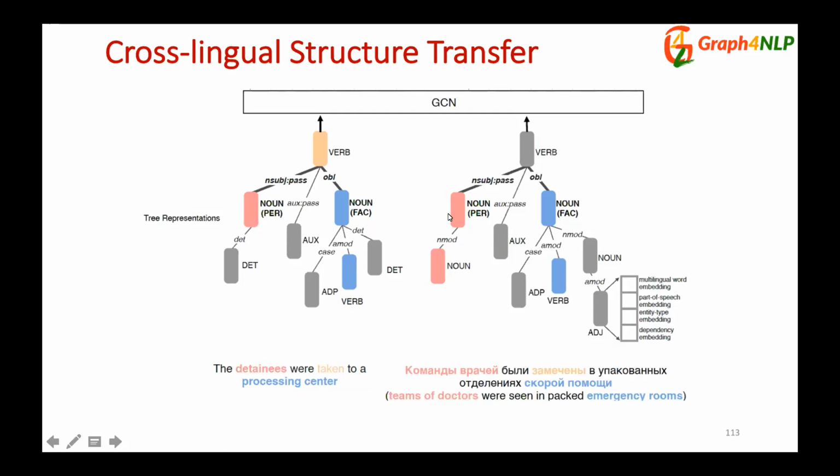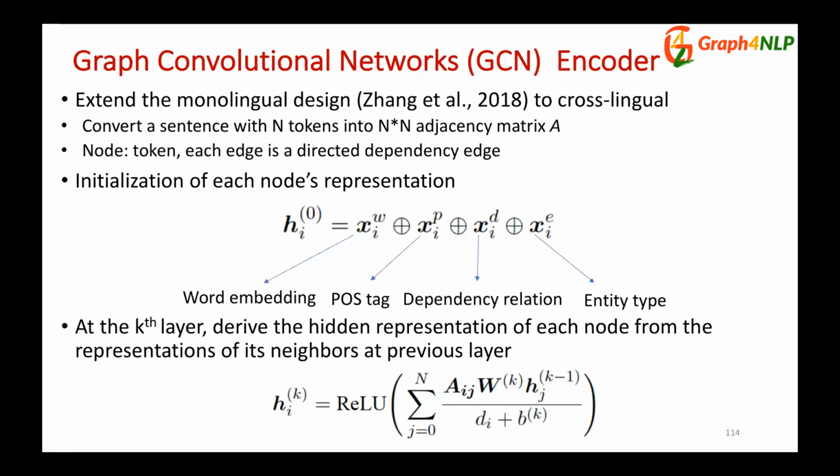So we initialize the node embedding using multilingual word embedding, and then use a graph convolutional network to update the node representation. The idea is very simple. In each previous layer, you have the initialized embedding, and in the next layer, we propagate the embedding from the neighbors to update the current node embedding.